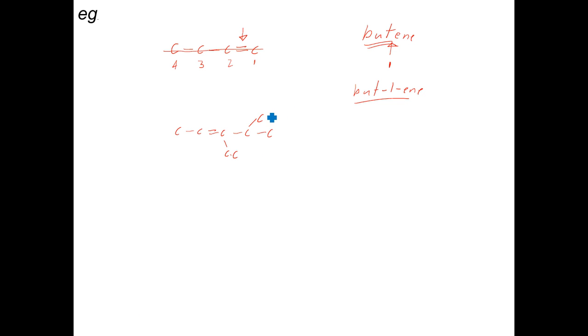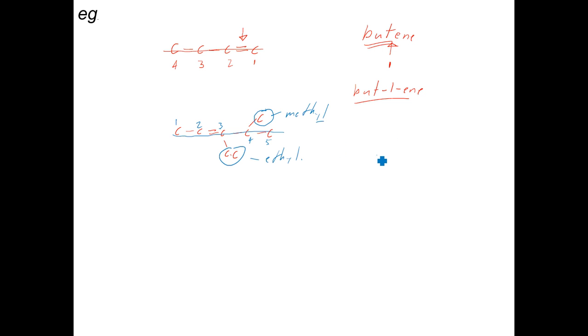So even though we have a branch here that's closest to the end on the right-hand side, the double bond takes priority over that. So this is our longest chain that we have here. But I need to start counting at the end that's closest to the double bond. So this is our carbon number 1 on the left-hand side, carbon number 2, 3, 4, and 5. Okay, longest parent chain, which means I have a branch here. It is a 1 carbon or methyl branch. And here is our 2 carbon or ethyl branch that we now have.